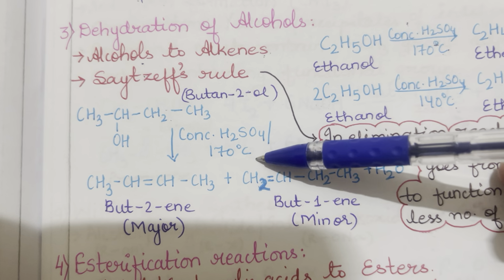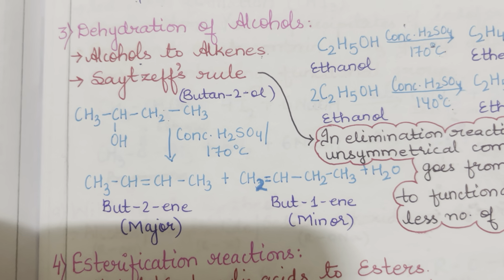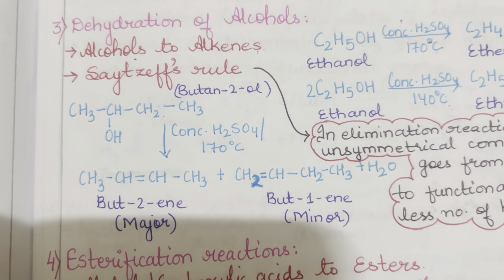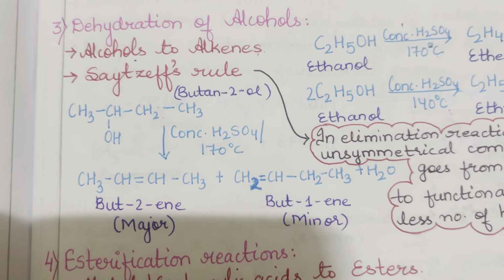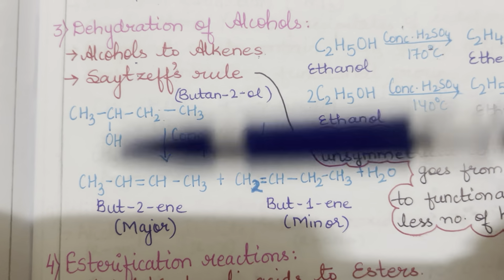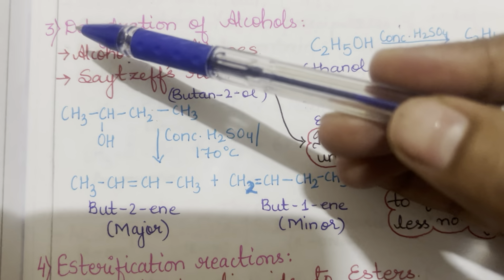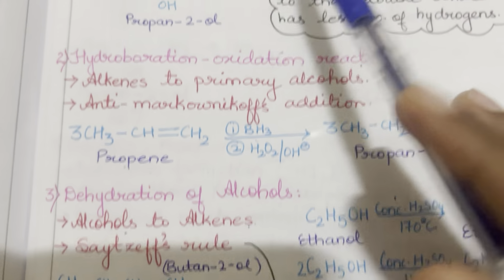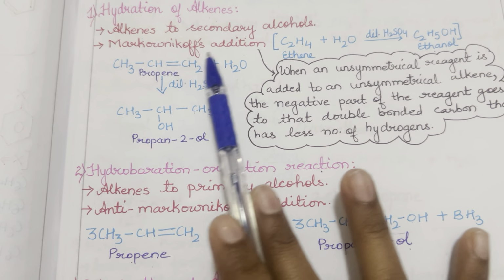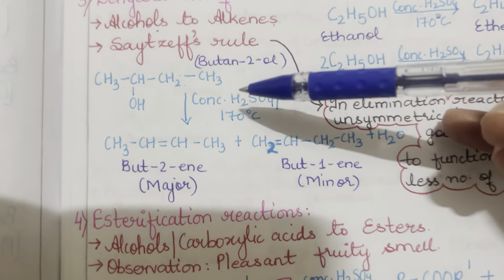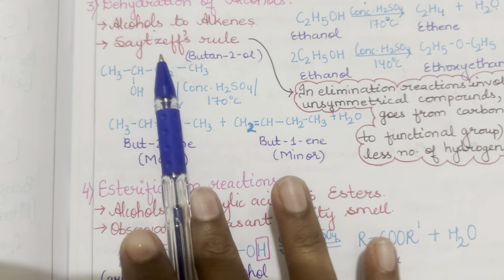The same reagent we are adding, 170 degrees Celsius we are using, and I'm finding here that I'm getting 2 products. Now why does this happen? Whenever you need to do an elimination reaction, meaning when you want to remove something from a molecule, you always use Saytzeff rule. Whenever you want to add something to a molecule, you use Markovnikov addition or anti-Markovnikov addition. When you want to eliminate something, you will always use Saytzeff rule.